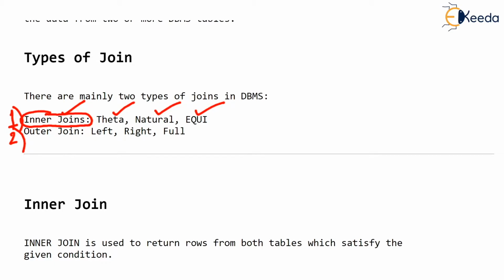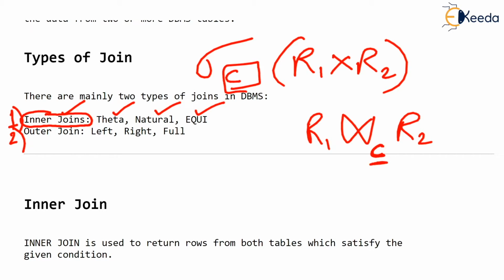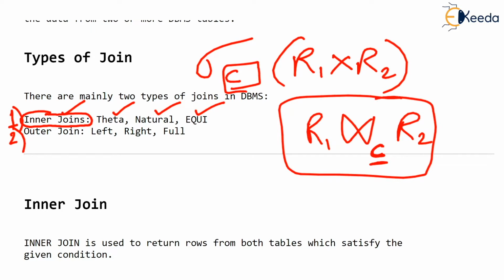The join operations that we saw were explained as R1 cross R2 followed by a select operation on a condition, which was written as R1 join R2, and this join has a condition called C, as written with the select operation. This is inner join.